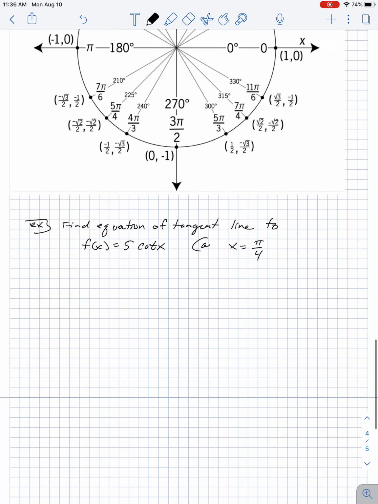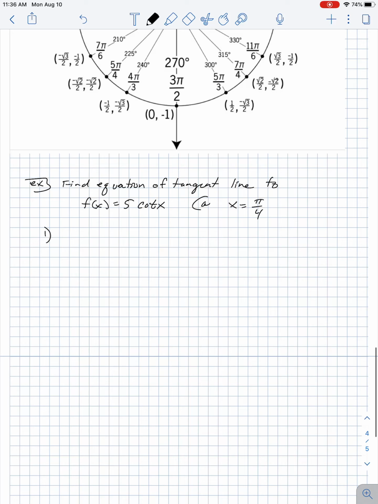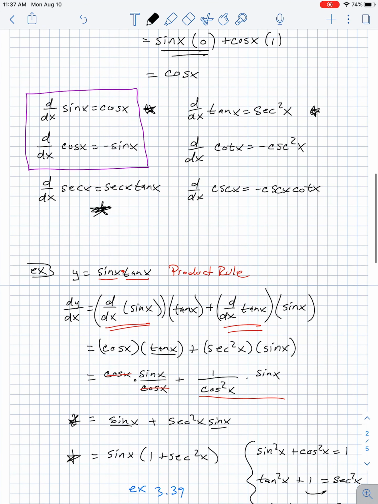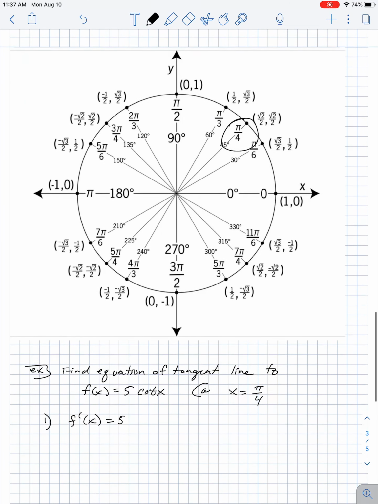All right, so if we want the equation of the tangent line, the first thing we have to do is take the derivative of the function. The 5 just comes along for the ride. It's a constant out front. And the derivative of cotangent, I'm going to go back up to my list. Cotangent is negative cosecant squared.